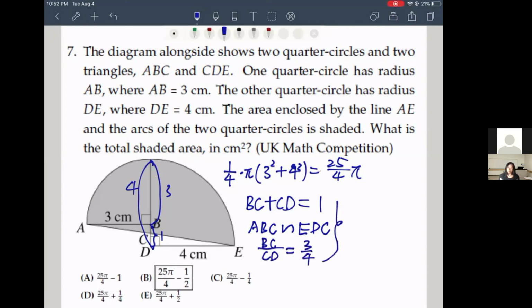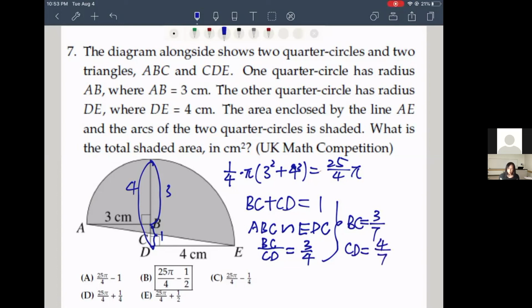Now, if we combine these two, for example, you can do substitution, you will find easily that BC is 3 out of 7 because the ratio of BC to CD is 3 over 4 and the total is 1. You can easily guess, right? So BC is 3 out of 7 and CD is 4 out of 7.